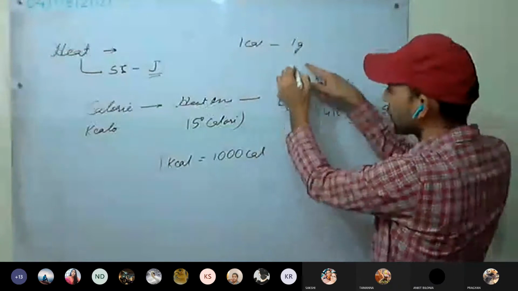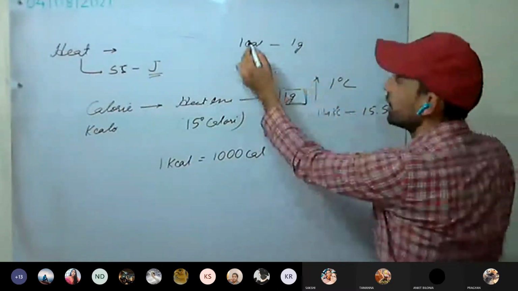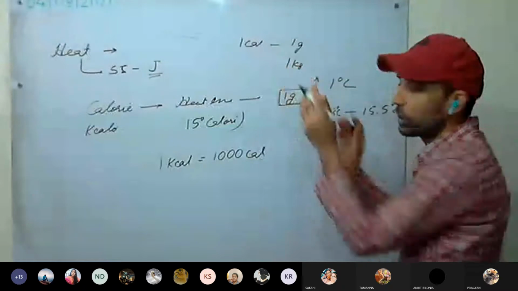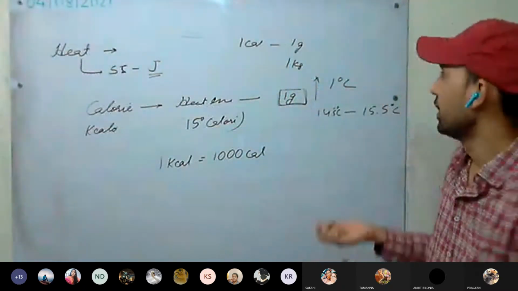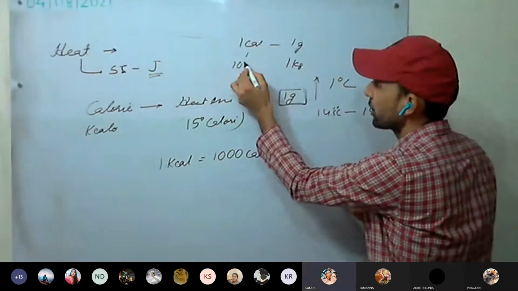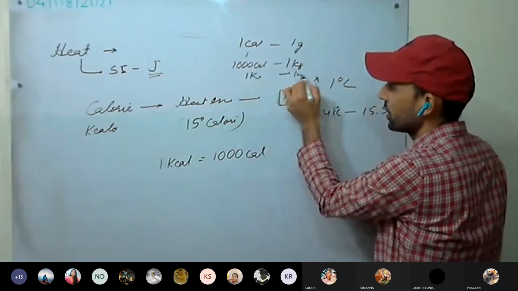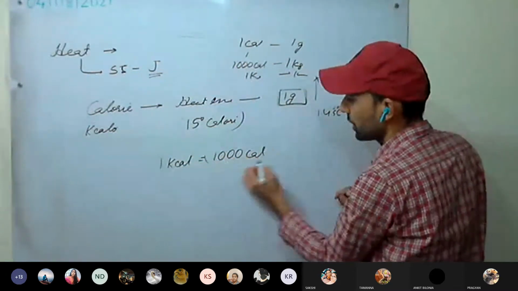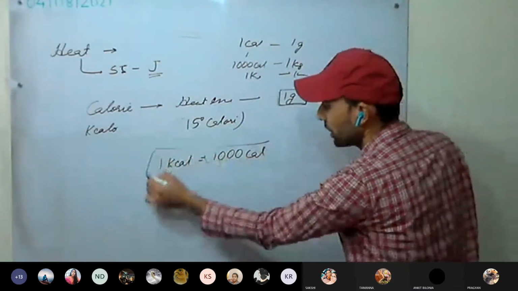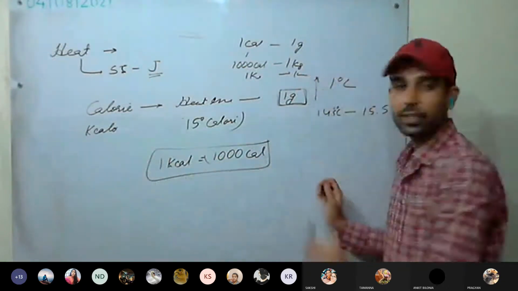It means for 1000 such grams, 1000 calories will be required. The more the water, the more heat energy required to raise the temperature. So for 1 kg, how much will be required? 1000 calories. 1 kilocalorie equals 1000 calories.